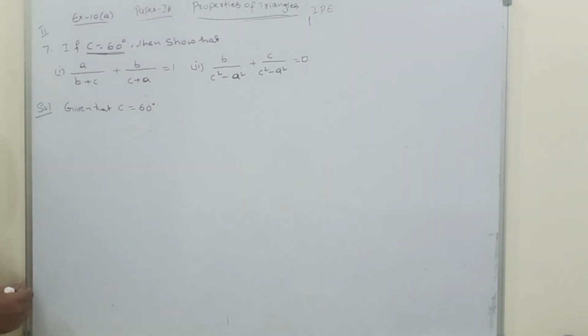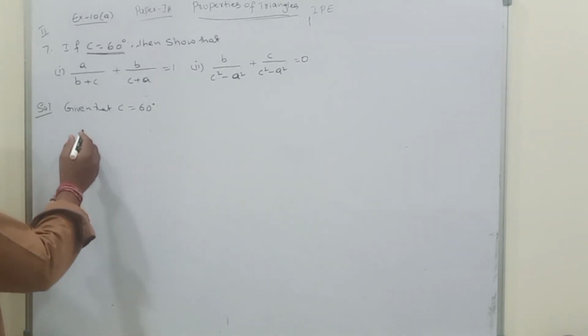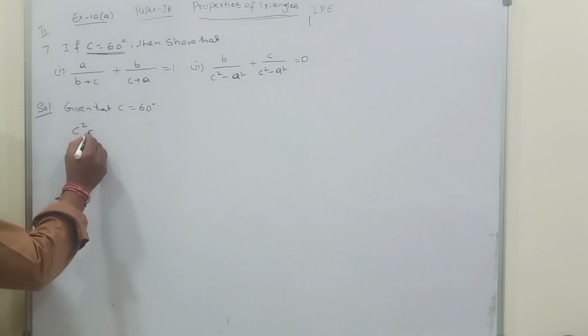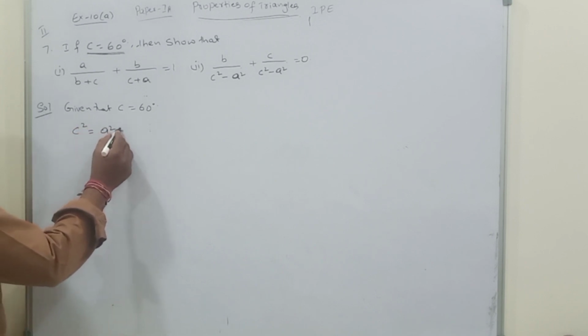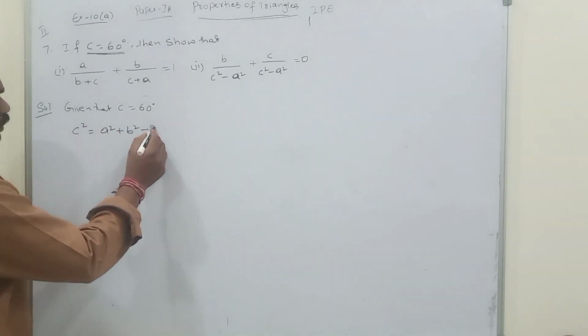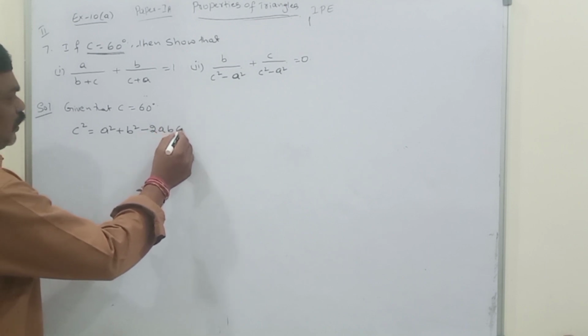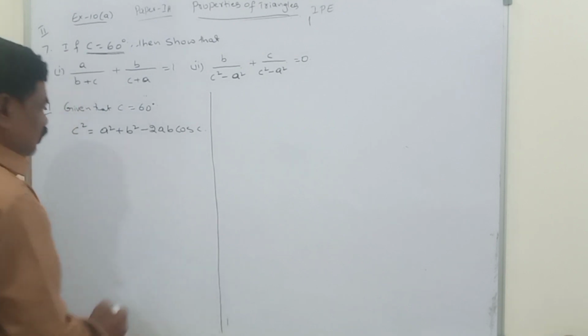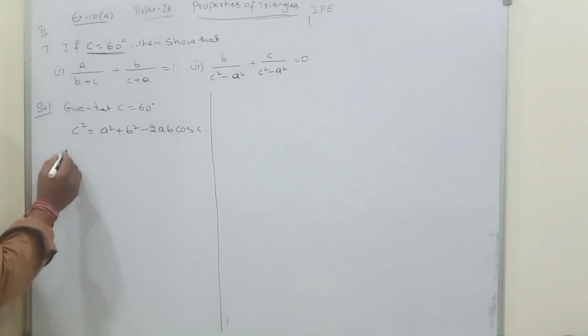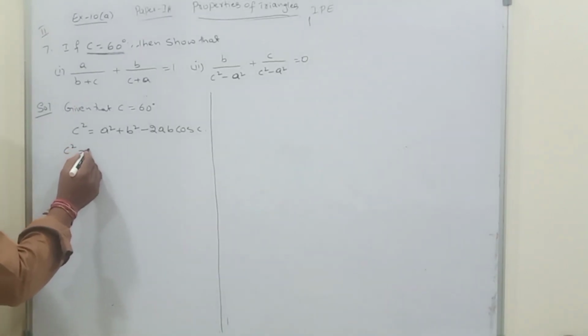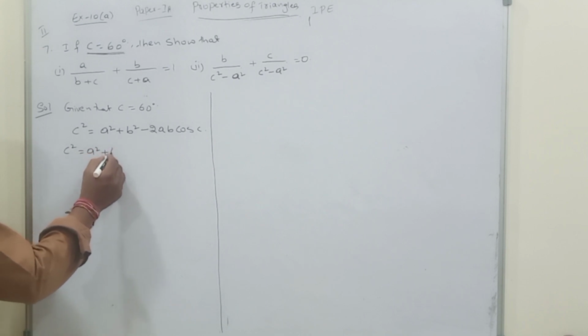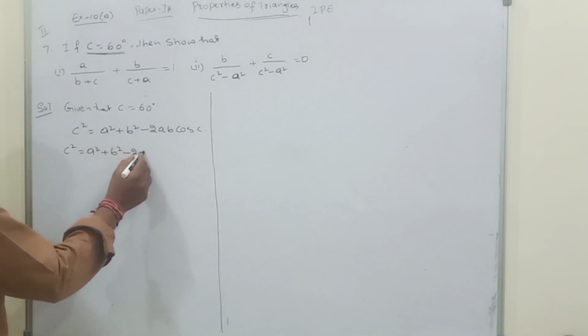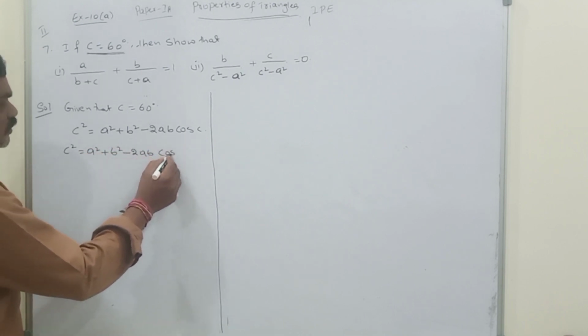By the cos rule, what is C square? C square is equal to A square plus B square minus 2AB cos C. This is the cos rule. By using this cos rule, C square is equal to A square plus B square minus 2AB cos 60 degrees.